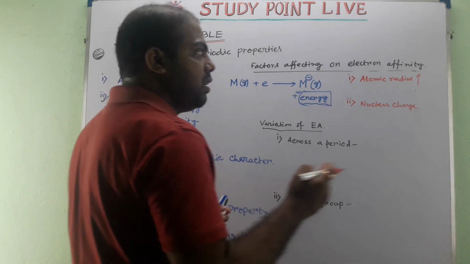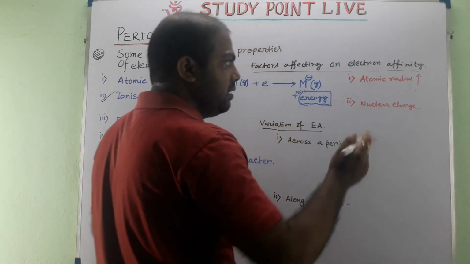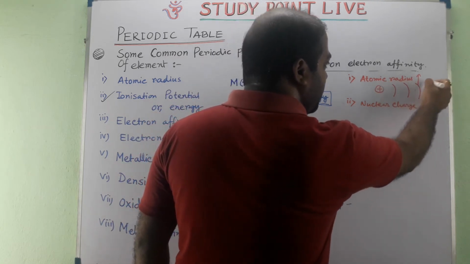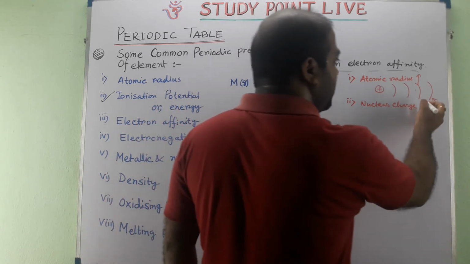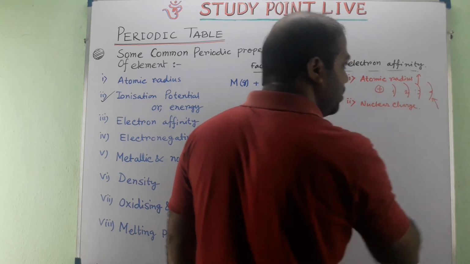That's why the last electron added to the last shell is placed here if the last shell is 4.